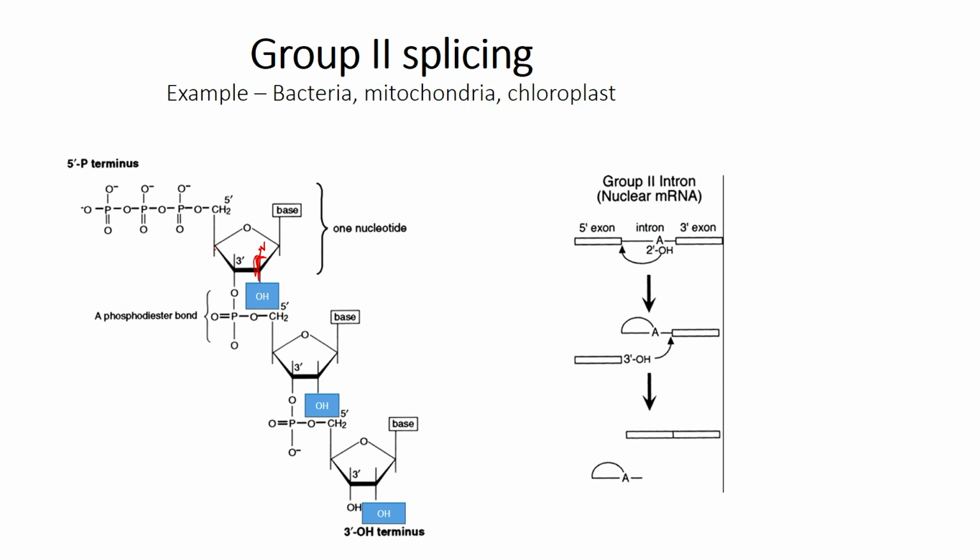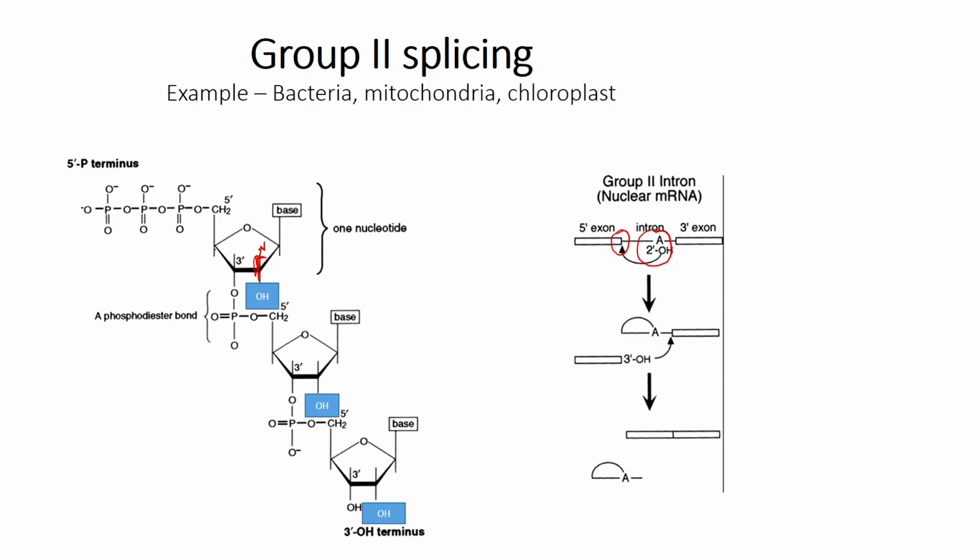The tertiary structure is such that only one, or mainly one, base OH is exposed. That is this AOH, one of the A's in the middle of the intron, whose sugar has a 2 prime OH. So this is exposed. And in 3 dimensions, it lies exactly near the end of the exon.